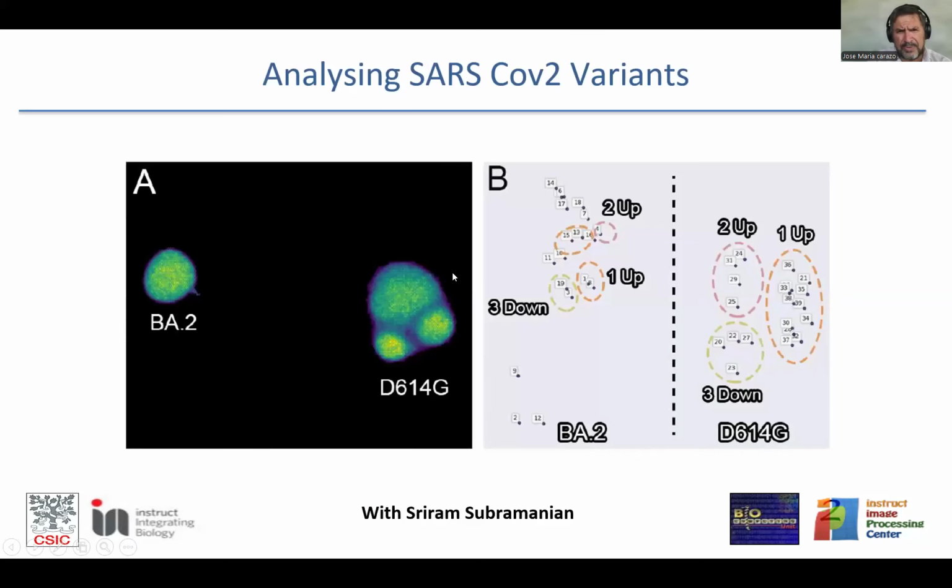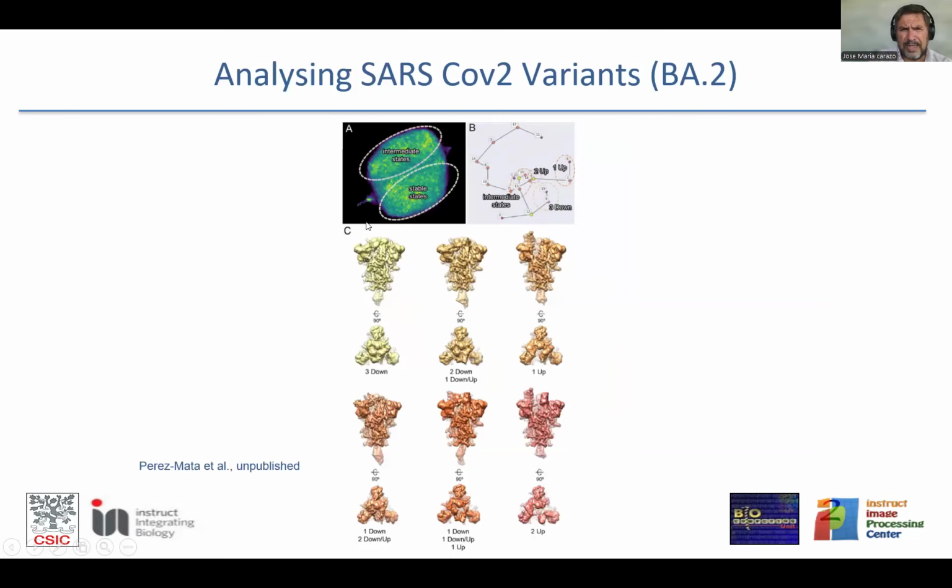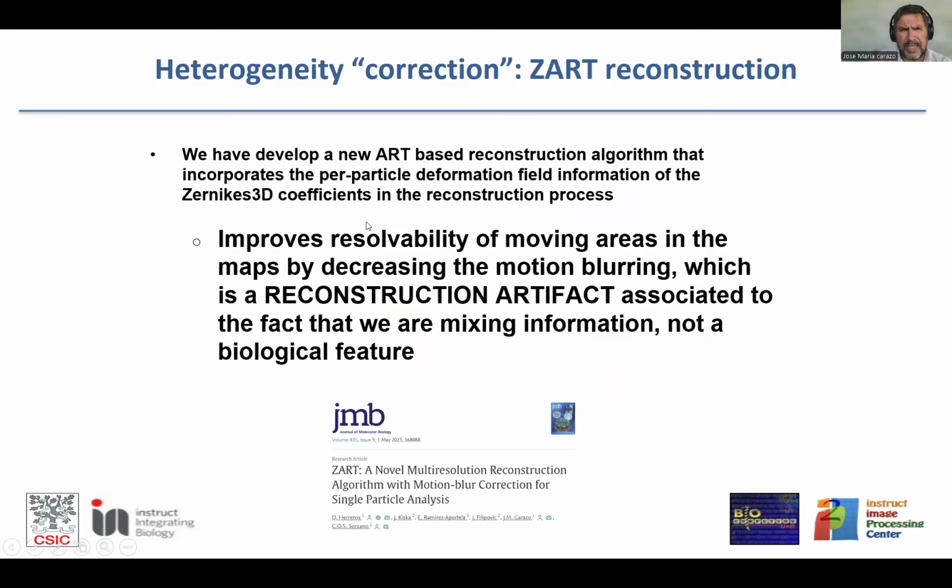This is work with Sriram Subramaniam on the spike with different strains, and understanding really how all the complications of analyzing the data and classifying the data, much of that is really taken away by this process.